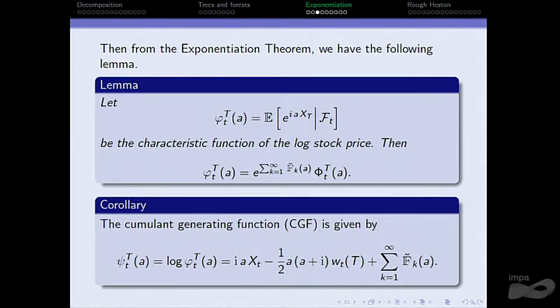Then it's just a corollary of the theorem that now we have an exact expression for the cumulant generating function, which is defined as the log of the characteristic function. So the cumulant generating function is just the Black-Scholes piece, which everybody recognizes, plus a sum of forests. So this is true for any stochastic volatility model. So now we have a characteristic function for any stochastic volatility model.